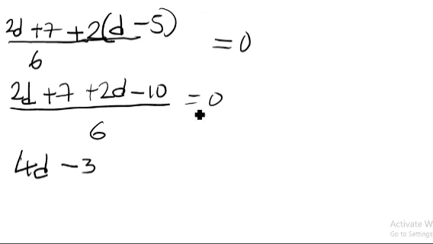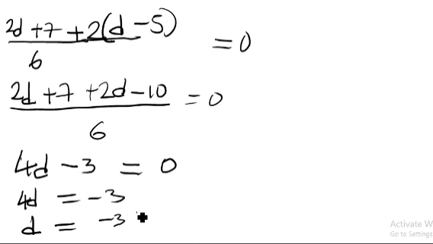This multiplied by this gives you 0. So I have 4d equal to minus 3. Therefore d equals minus 3 over 4. And that's our final answer.